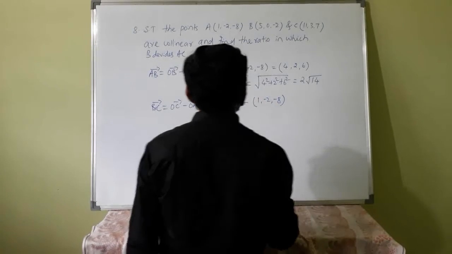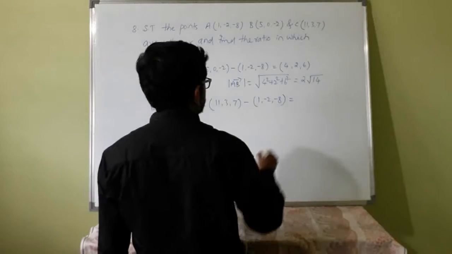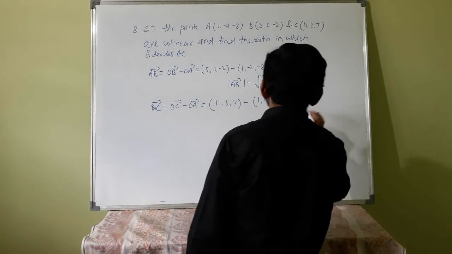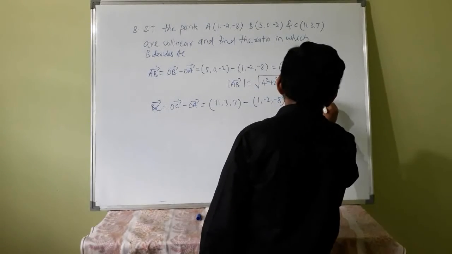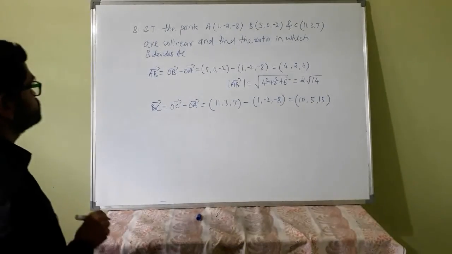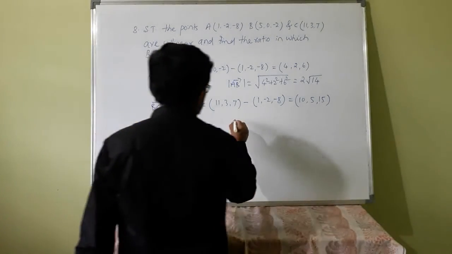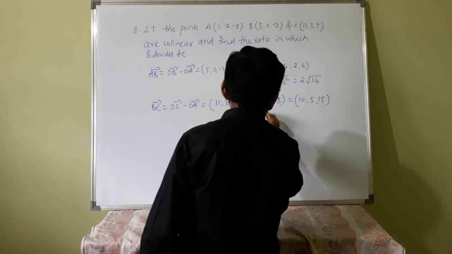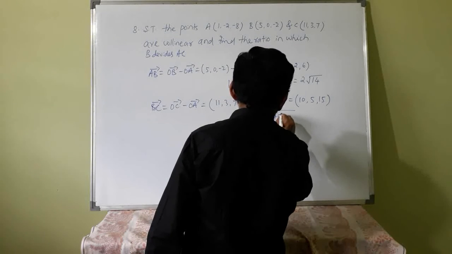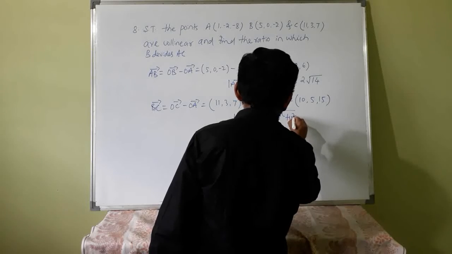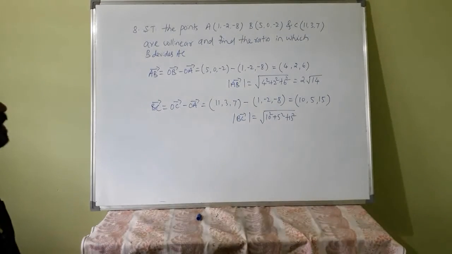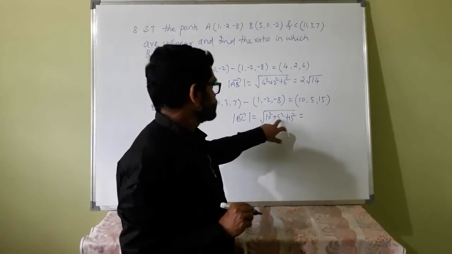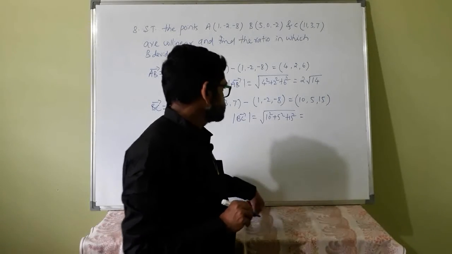That is 11 minus 5, 6, 3, and 7 plus 2, 9. The magnitude of BC is root 10 squared plus 5 squared plus 15 squared. That is 225 plus 25, 250, plus 100, 350.